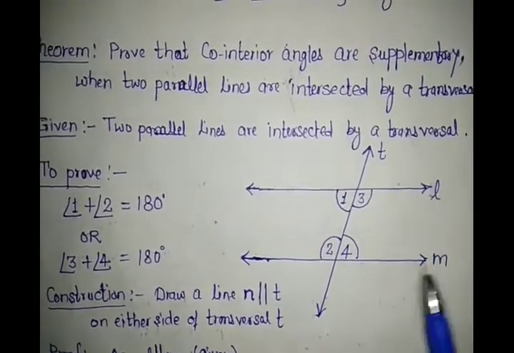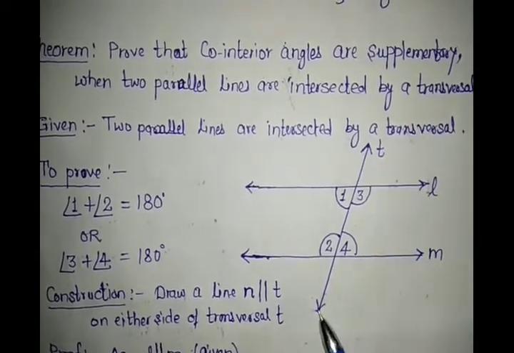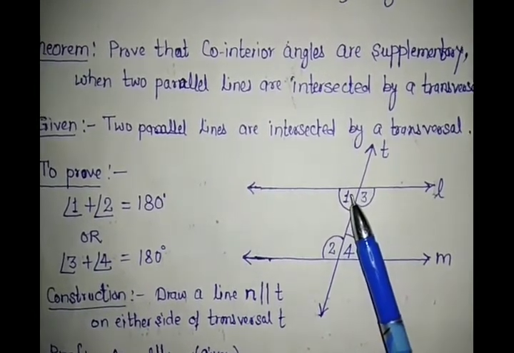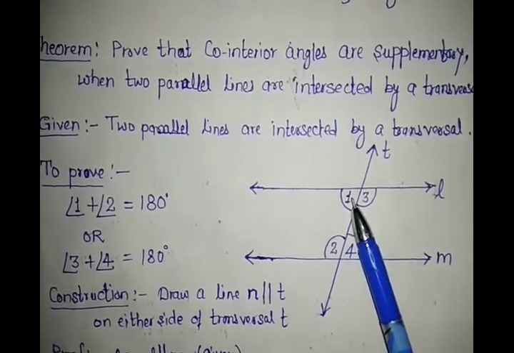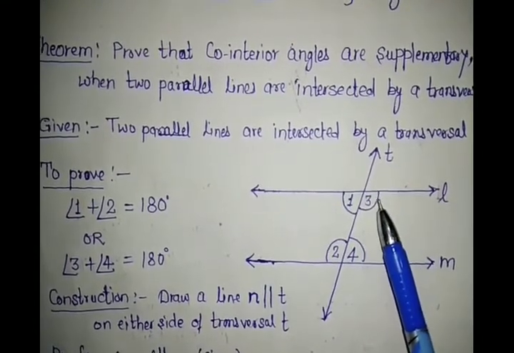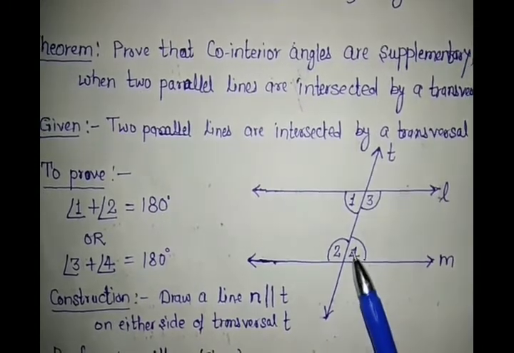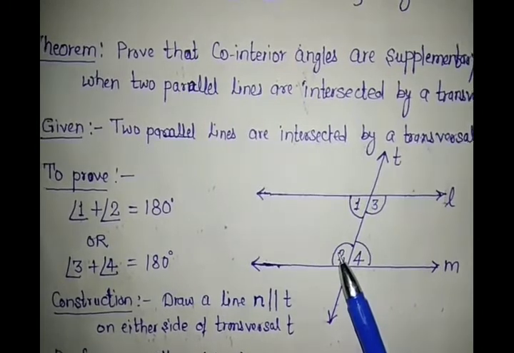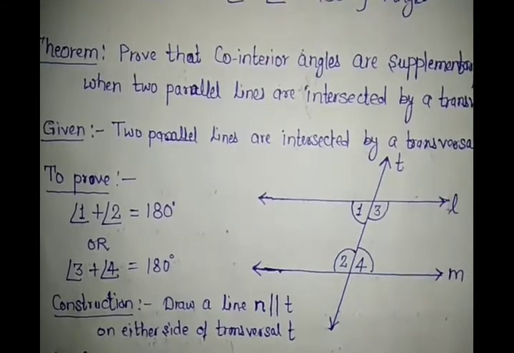These two lines L and M are parallel lines and they are intersected by a transversal T. So the interior angles on the same side of the transversal are angle 1 and angle 2. Also on the other side of this transversal, the interior angles are angle 3 and angle 4. Now we have to prove that angle 1 and angle 2 are supplementary, and angle 3 and angle 4 are also supplementary.